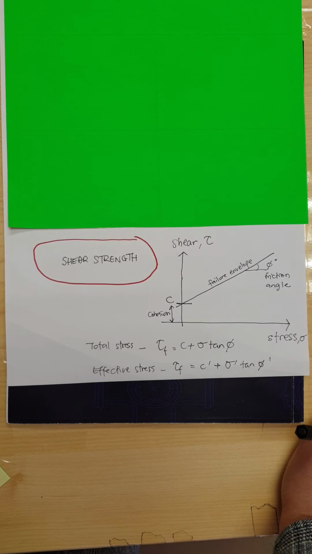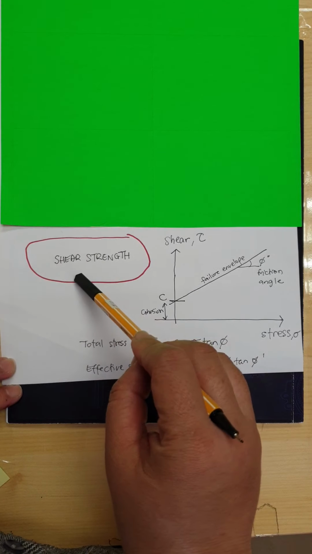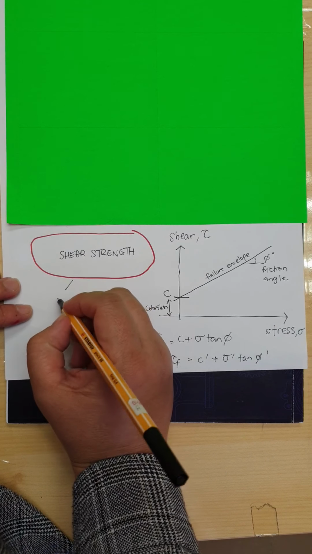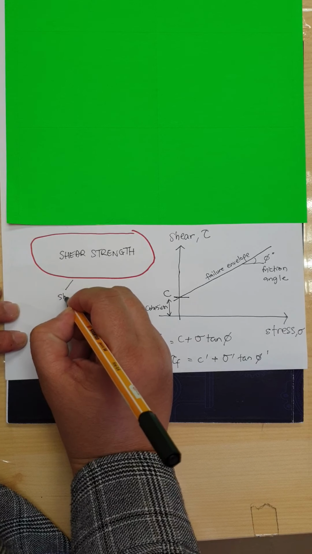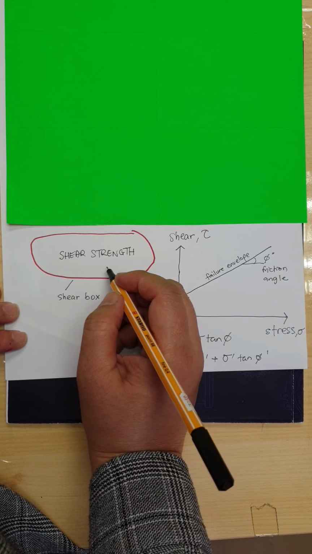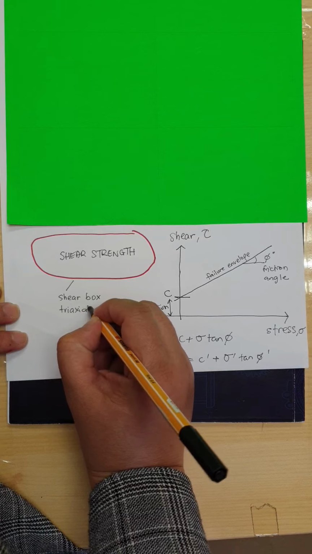But before we use the equipment for analysis, we need to understand the features of shear strength if we present it in terms of graphical presentation. To get shear strength, we can do tests, what we call the shear box test. And of course we can also calculate shear strength from the triaxial test, but that one is another topic.